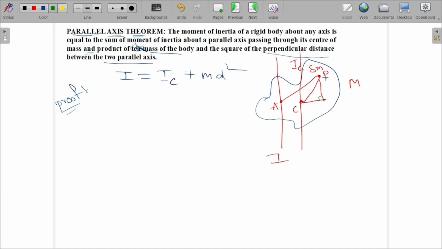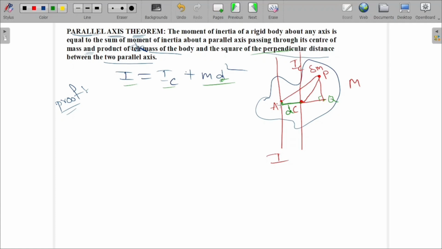Let's call this point Q. So CPQ is one triangle. Let's consider the perpendicular distance from A to C as d. So we are about to show that I equals I_C plus m d square.